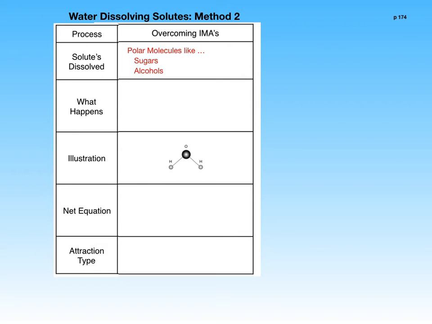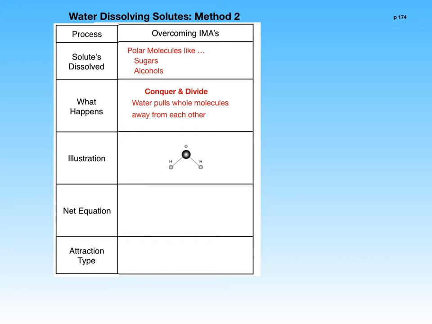Once again, I have a little saying: by overcoming the intermolecular attractions, water conquers and divides the molecules. In this case, it pulls whole molecules away from each other. It separates a molecule of the solute from other molecules in the solute.